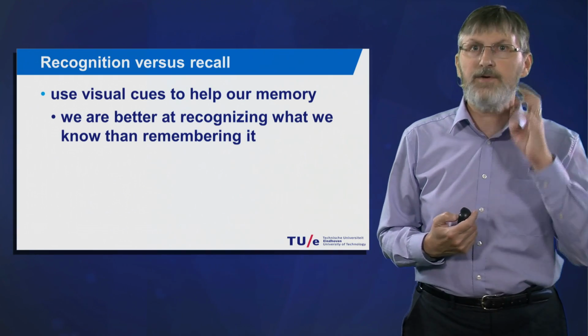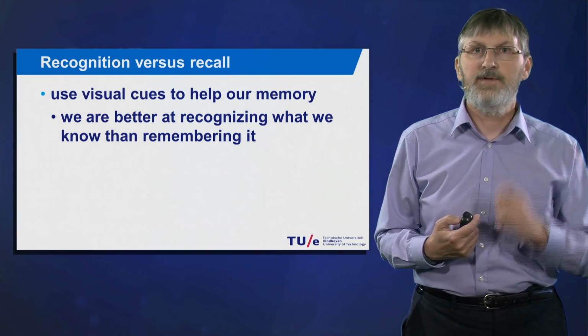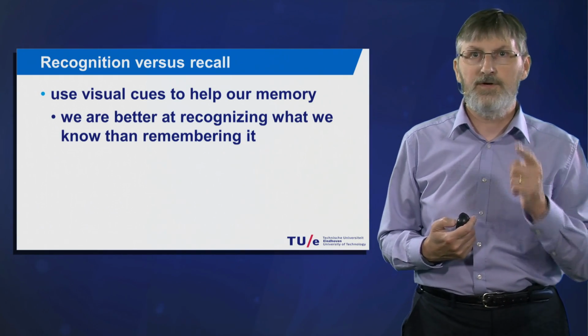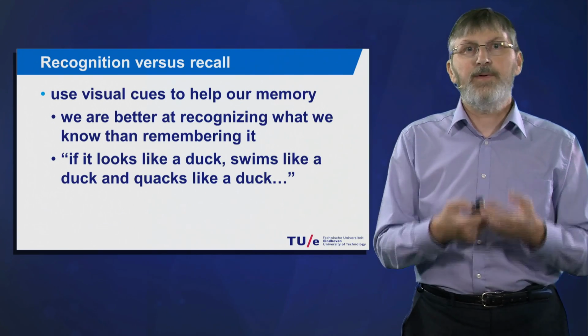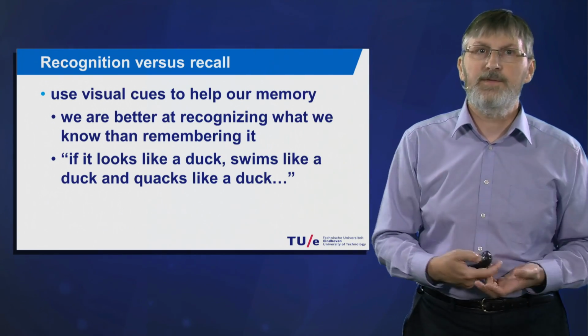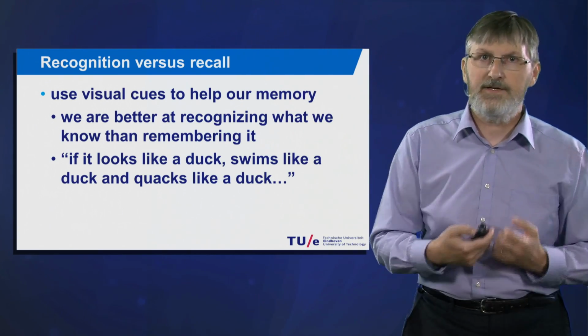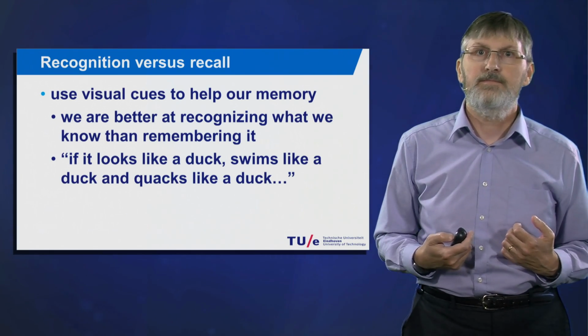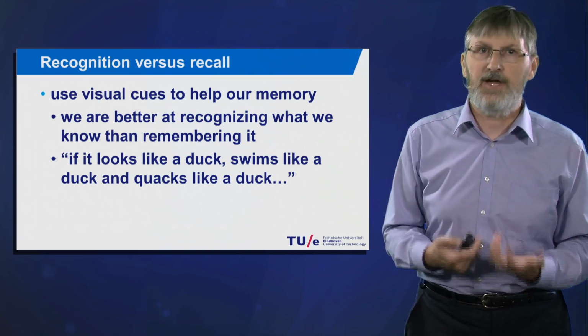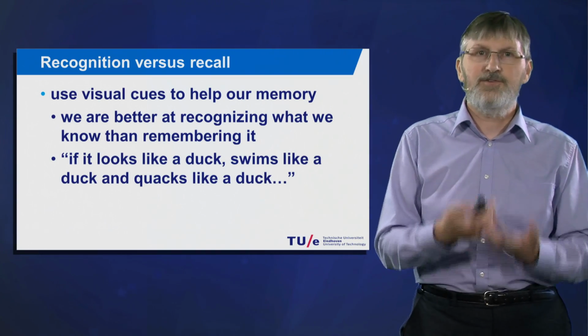You can recognize a song that you hear, but if we give you the title, you could not sing it. The principle also applies with this common saying: if it looks like a duck, swims like a duck, quacks like a duck, it's probably a duck, and our interfaces should be like that.